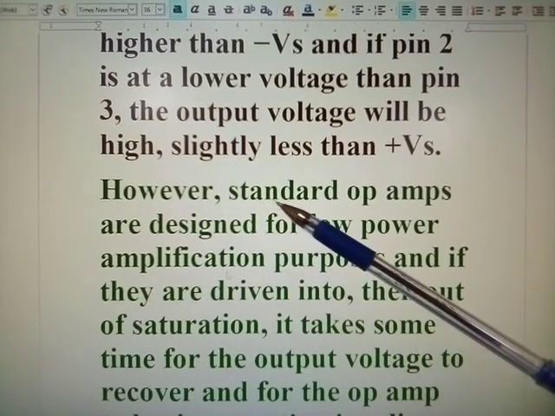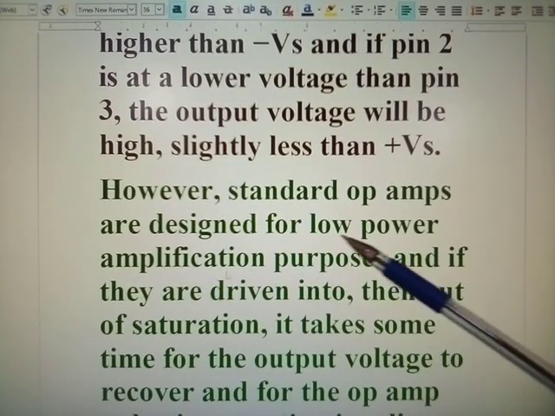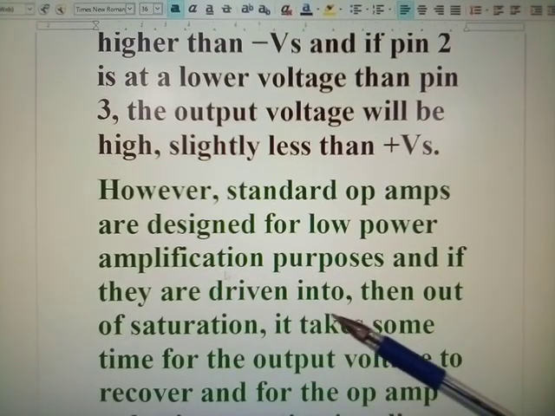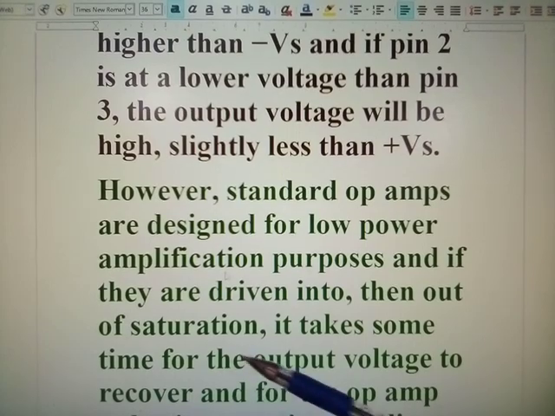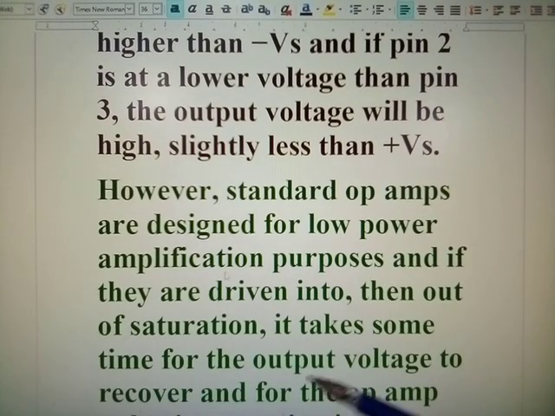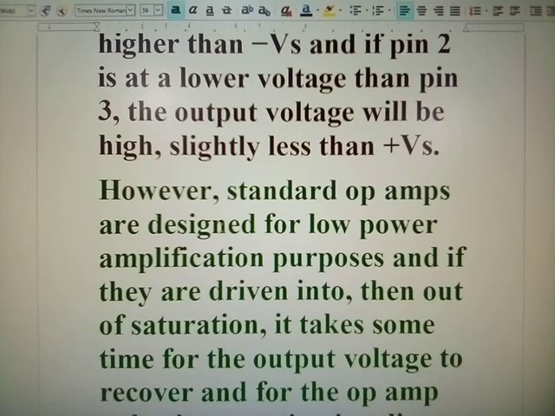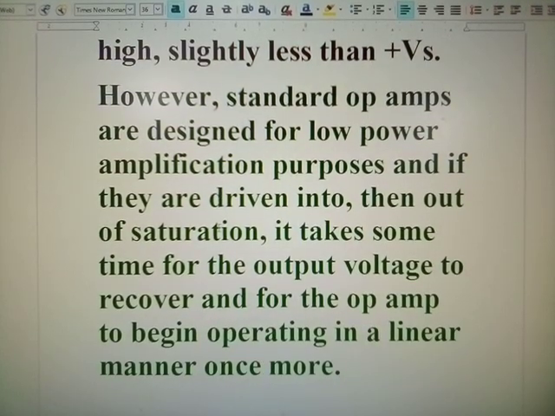However, standard op-amps are designed for low power amplification purposes, and if they are driven into then out of saturation, it takes some time for the output voltage to recover and for the op-amp to begin operating in a linear manner once more.